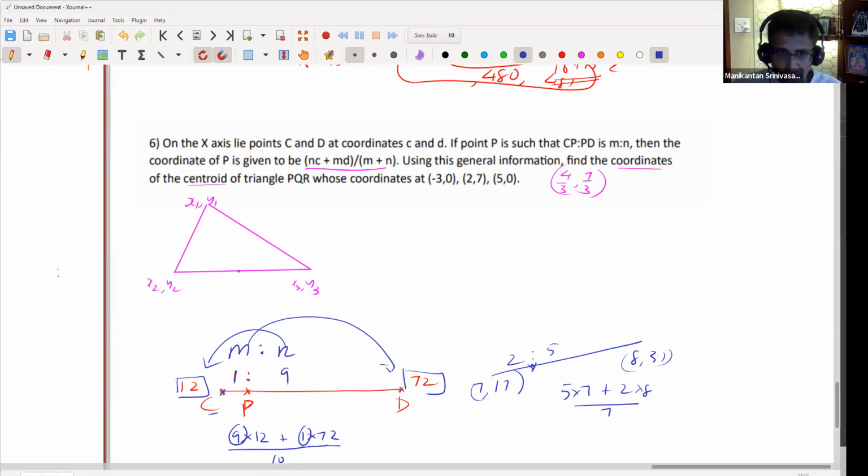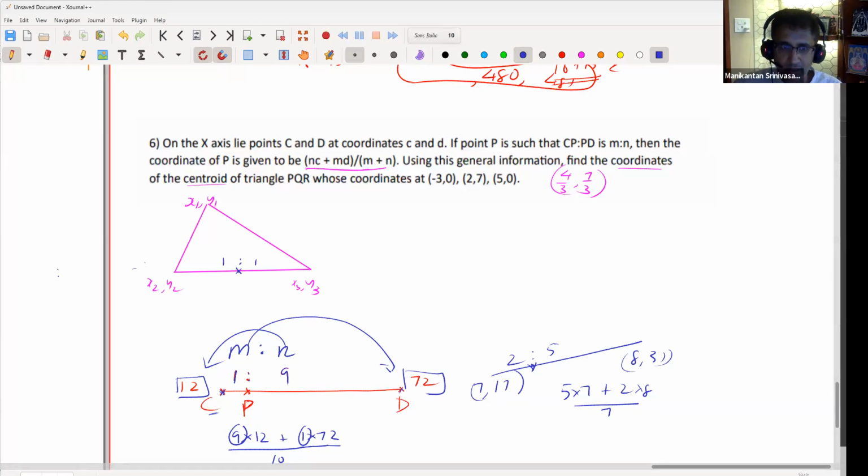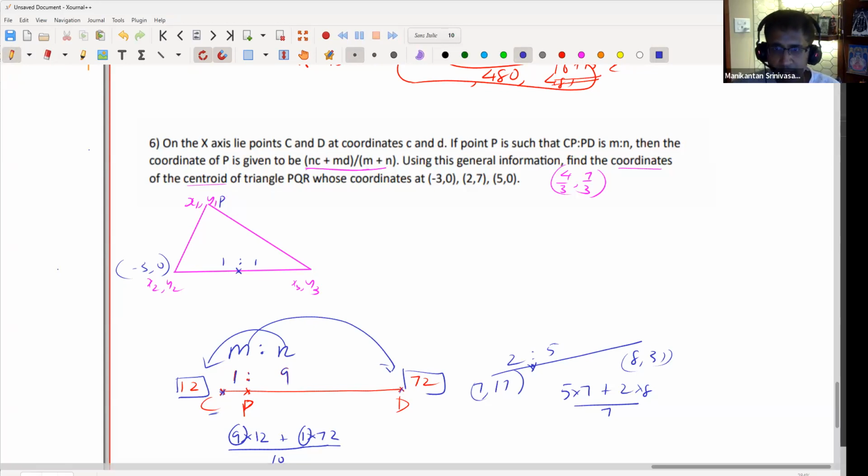Let's see this. Okay, so first I want to find the midpoint, which is 1:1. So this is -3, 0. Which is P, guys? P is whose coordinates are, okay, this is P, right? So this is -3, 0. I'll just take the bottom only as -3, 0. It's fine, anyway the answer should be the same.